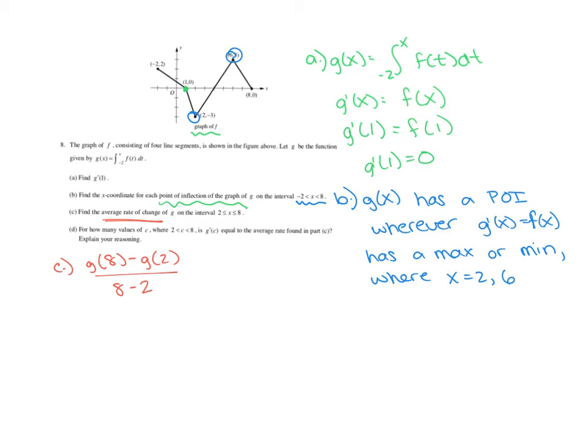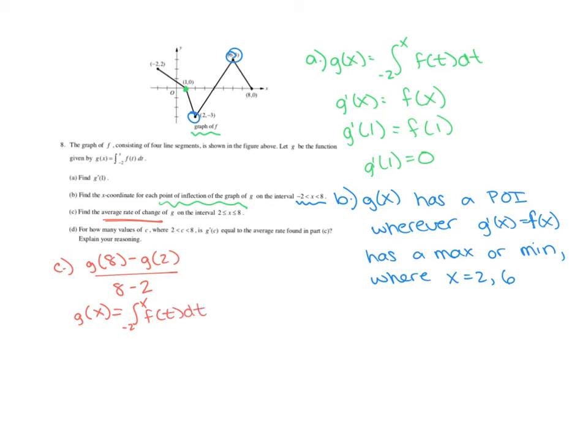To do that, this is more of a question for the next video. So if you don't follow this, I'm going to go into it a little bit more detail in the next notepad. But g of 8, so we know that g of x is the integral from -2 to x of f of t dt.